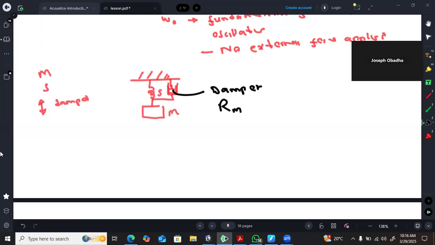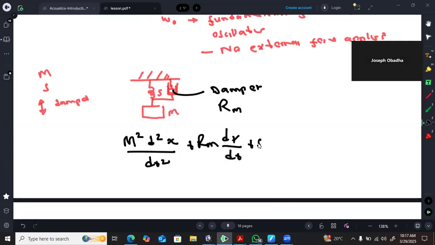I can now rewrite the equation as m d squared x by dt squared plus Rm dx by dt plus Sx is equal to 0.